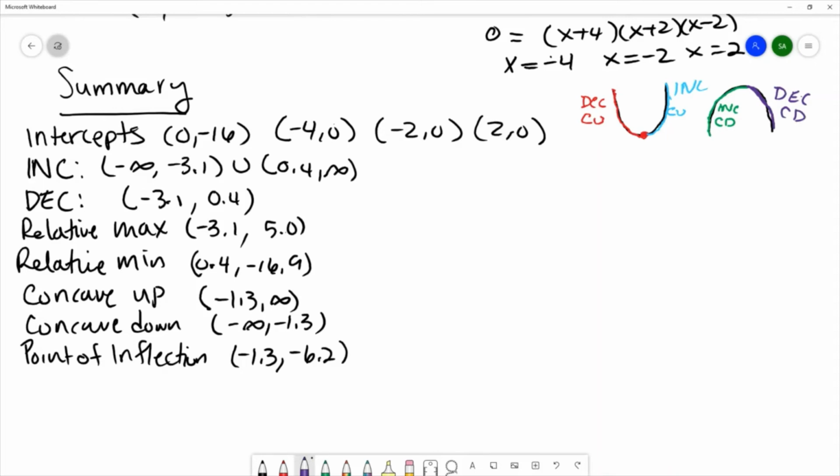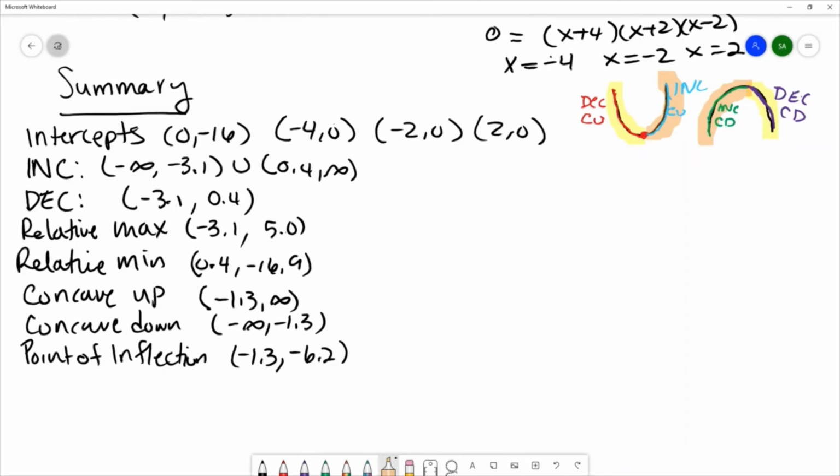So if we compare the two decreasings to each other, you can see that decreasing concave up and decreasing concave down have a slightly different curvature to them. And the same thing with increasing concave up with increasing concave down.